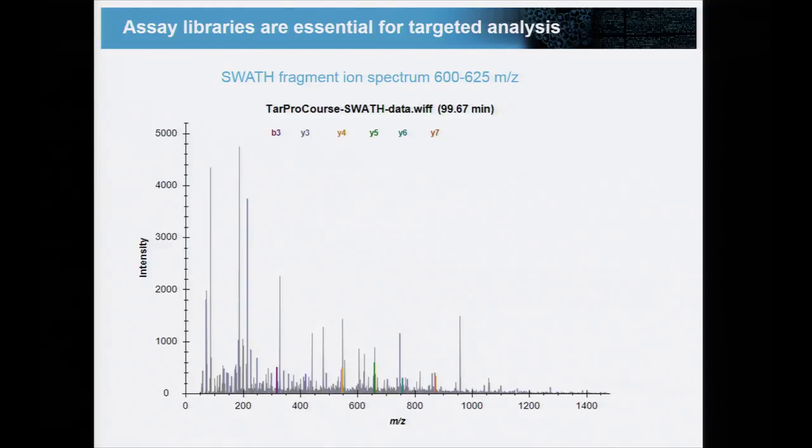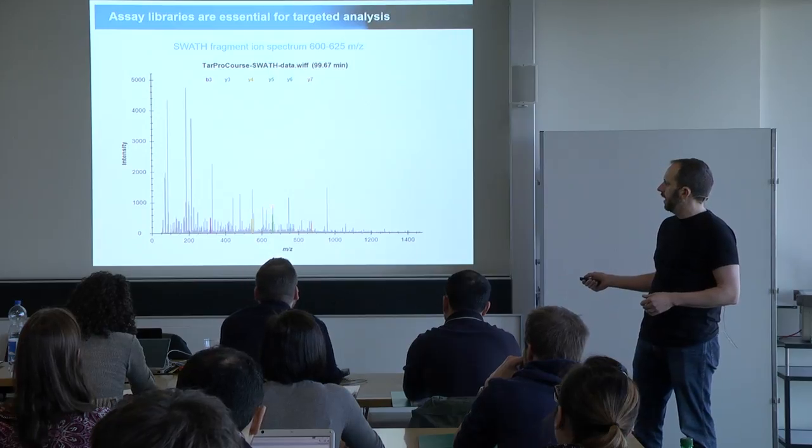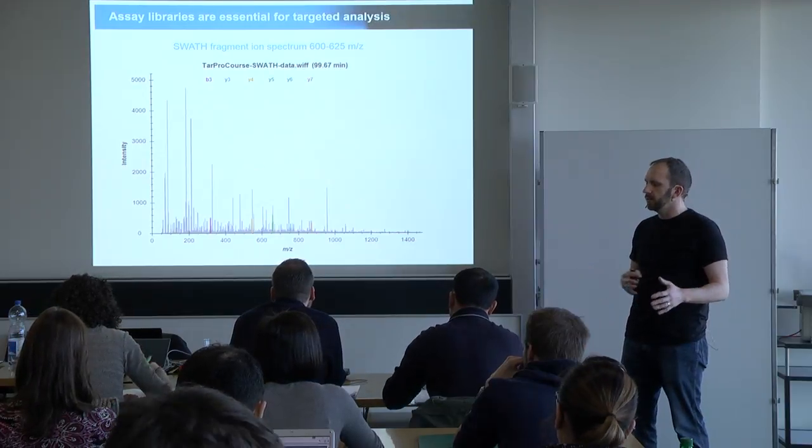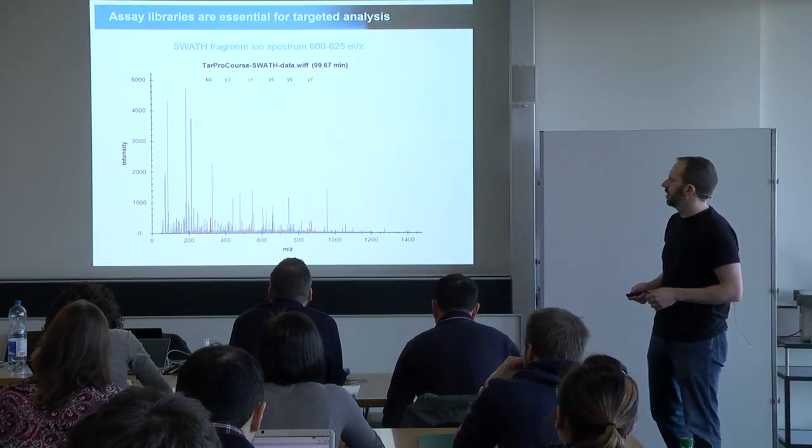So why do we care about assay libraries? Here is a SWATH-MS2 spectrum, the same one I showed yesterday, collected from 600 to 625. This is the precursor isolation window, and you remember that what we see is quite a complex mixture spectrum, where we can't use classical DDA analysis to analyze this data.